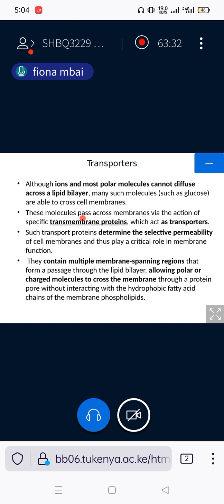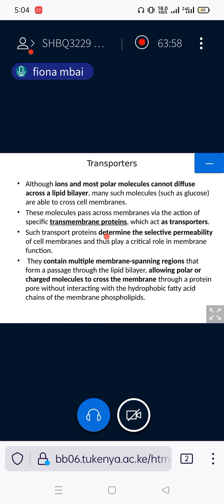These molecules pass across the membrane through the action of specific transmembrane proteins, and these transmembrane proteins act as transporters. And remember, the transmembrane proteins that we've met so far are integral membrane proteins, the ones that traverse the entire membrane.